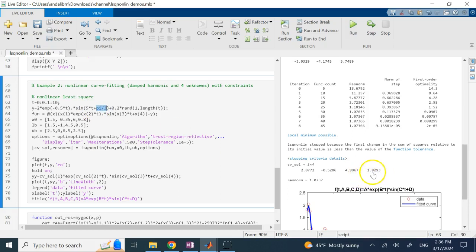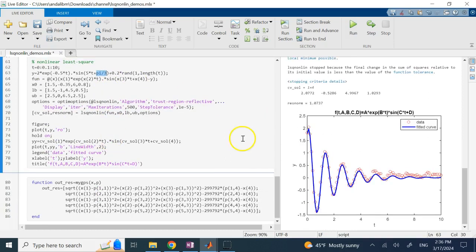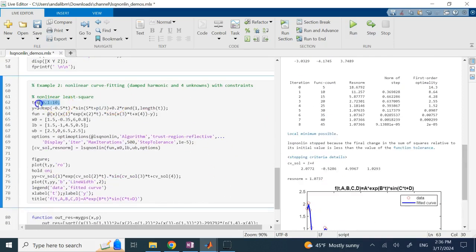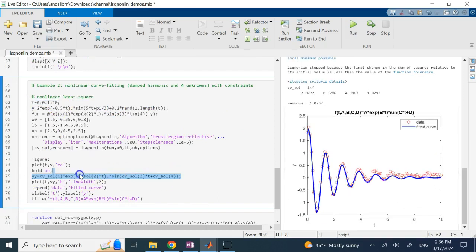Here it estimated about 1.03. So you see, it did a very good job. And now if I replot my t-values with this fitted function, that gives you this blue curve. And you see the blue curve does a relatively good job matching the sensor data.